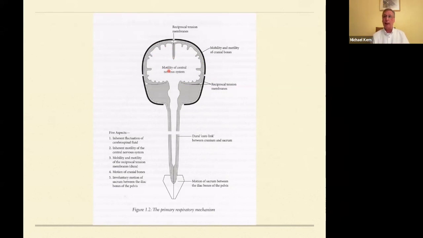It is actually a whole body phenomenon. And he realized that the whole body, not just these tissues and fluids at the core of the body, express subtle rhythms, and that these rhythms have significance for our health.